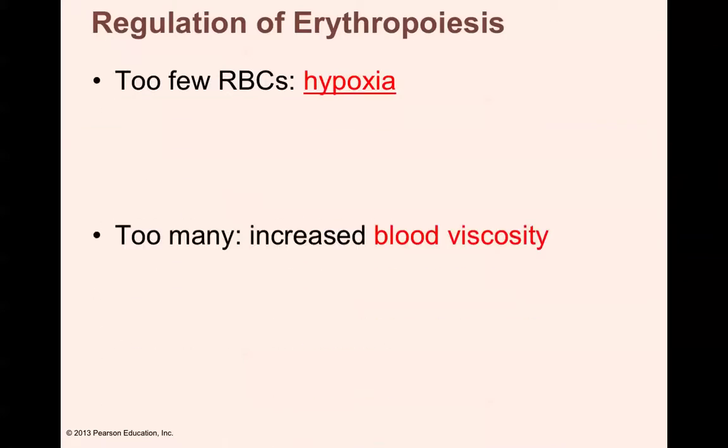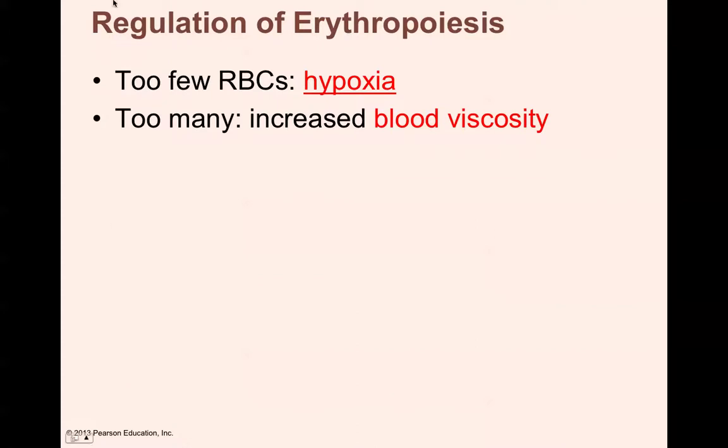Regulation of erythropoiesis. If there are too few red blood cells, the individual will experience hypoxia. This means a lack of oxygen to the cells. If there's too many red blood cells, it will increase the blood viscosity. It will be too thick and it won't circulate very well.